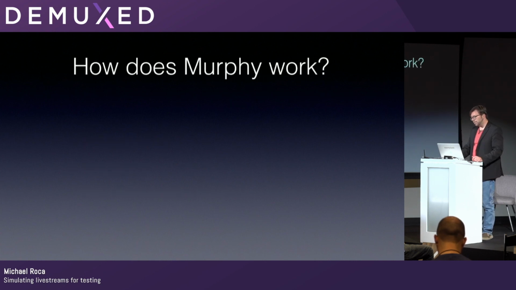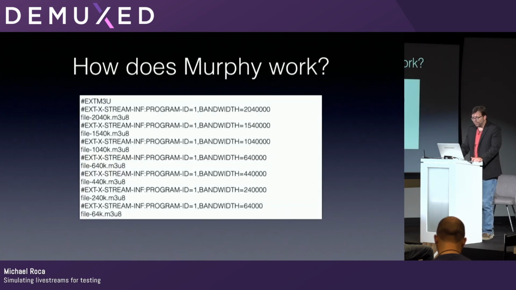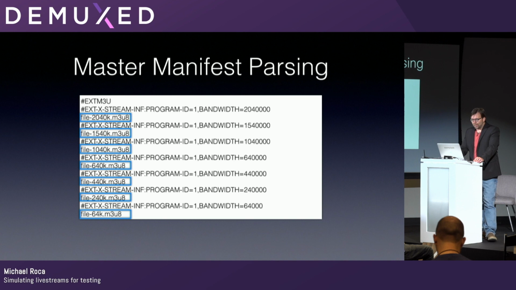So how does it work? You feed it a master manifest. It parses the data and identifies all the renditions. It'll also identify any VTT caption manifests and alternate audio tracks, and it will start a stream for each rendition at the same time.